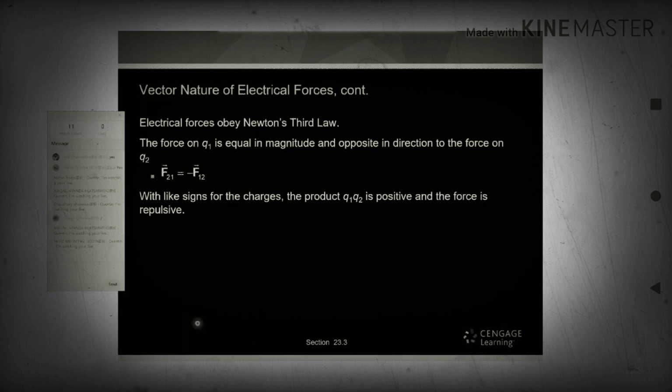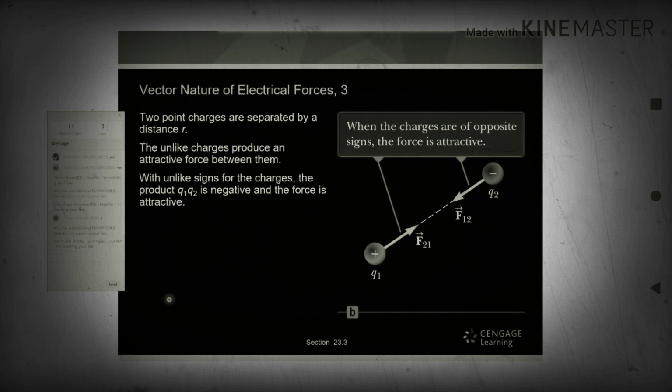Now, let's continue a little bit. What if the 2 point charges are separated by a distance of r, but with a different sign? So the unlike charges produce an attractive force between them. With unlike signs for the charges, the product Q1, Q2 is negative.